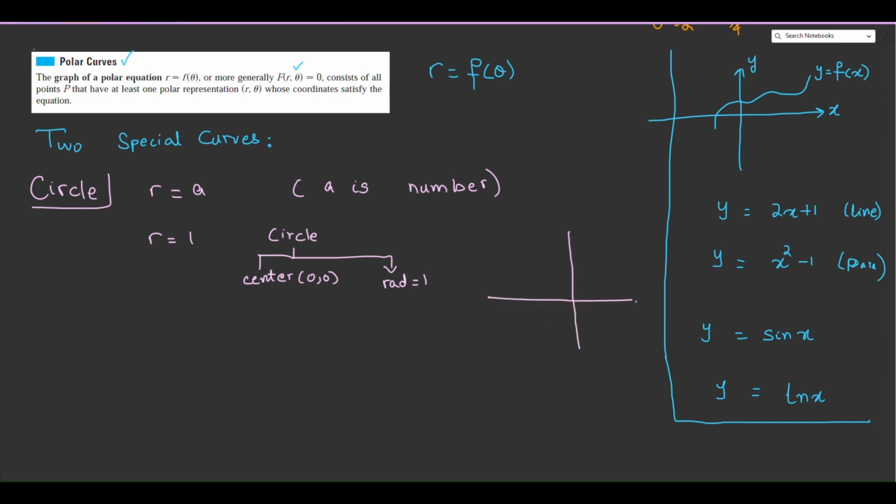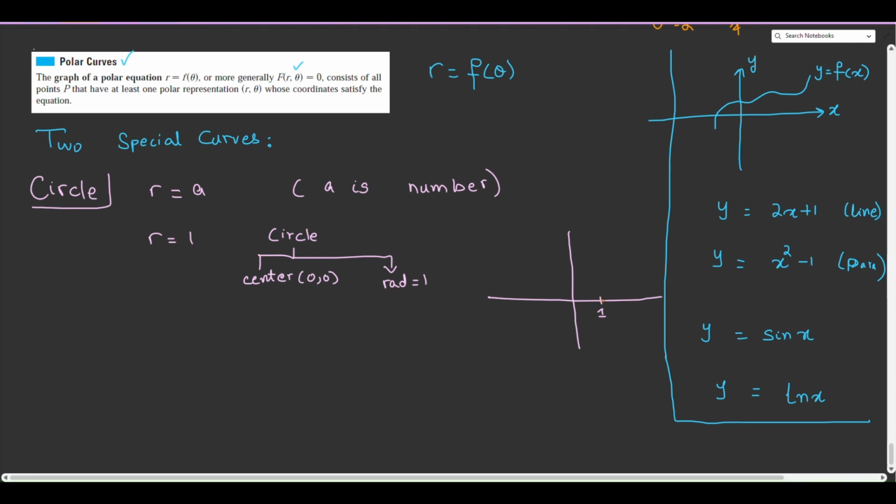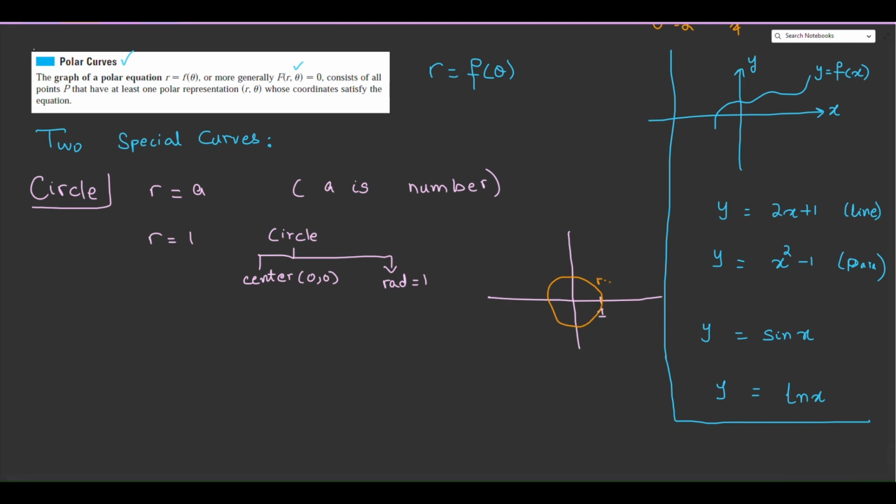Here we are in the polar plane. Suppose here we have 1, here we have 1, and our curve will be like this. It is a circle, and its radius is equal to 1.